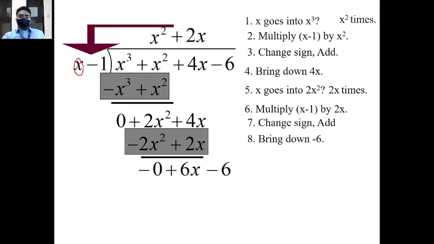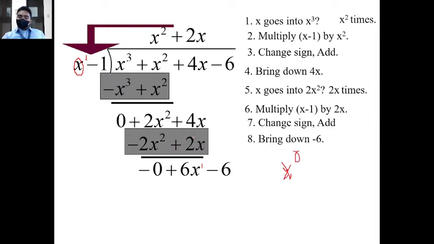Your variable here has the degree of 1, and your 6x, the x here, has the degree of 1. So if you're going to subtract them, what will be the answer? Of course, it will become 0.